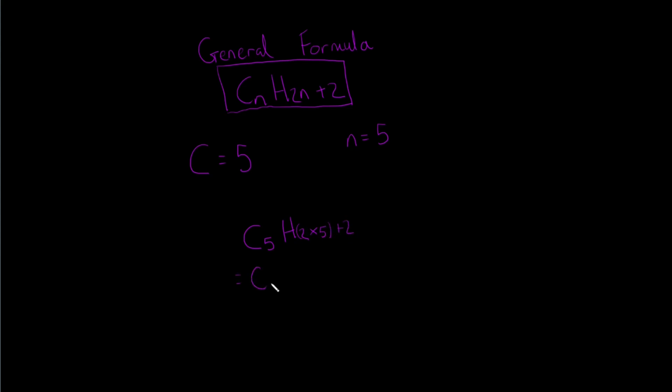If we complete that sum, we get C5H2 times 5 is 10, plus 2 is 12, C5H12. Now what we have here is called the chemical formula or the molecular formula for this alkane. This is the 5th member of the alkane family. It's got 5 carbons and it is called pentane.